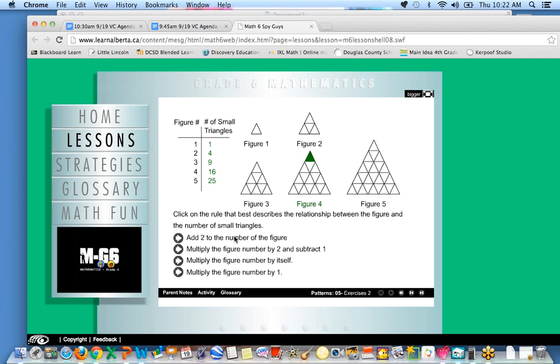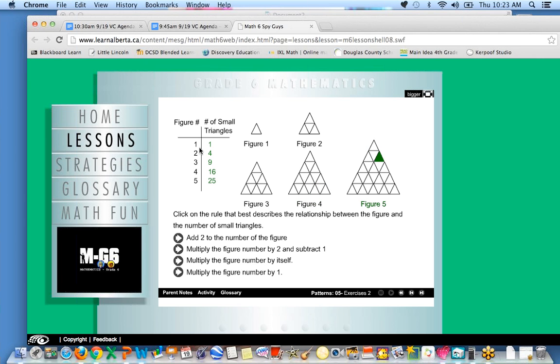What if we added 2 to the figure number? So let's go up here. 1 plus 2. No, that doesn't work. 2 plus 2, well, that would work there. 3 plus 2, nope, that won't work. So A is incorrect. Let's look at B. Multiply the figure number by 2 and then subtract 1.